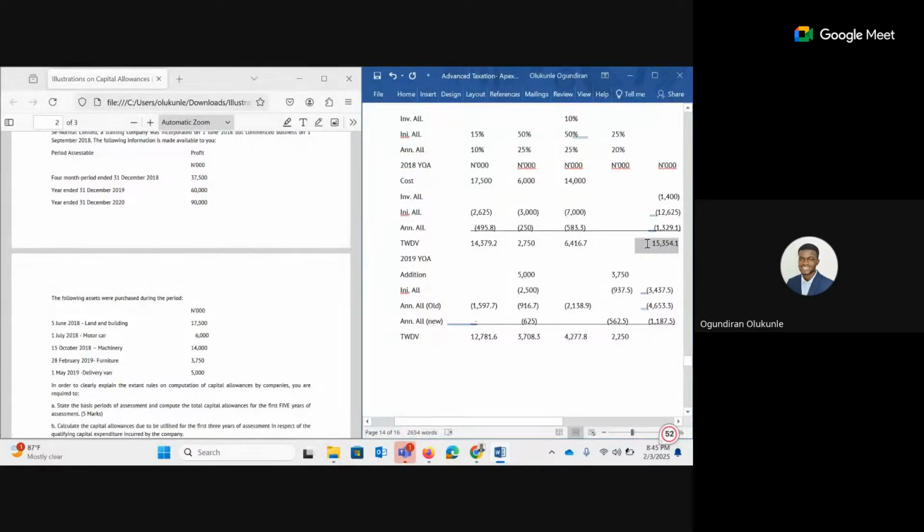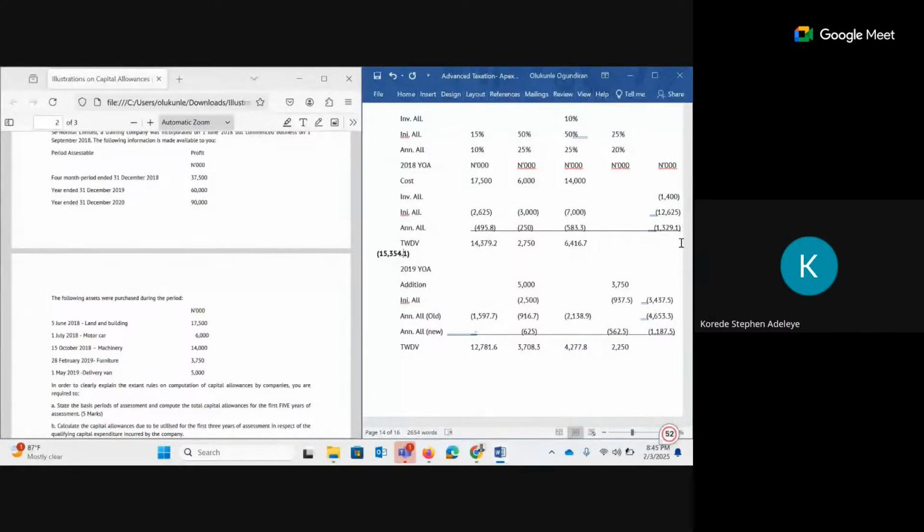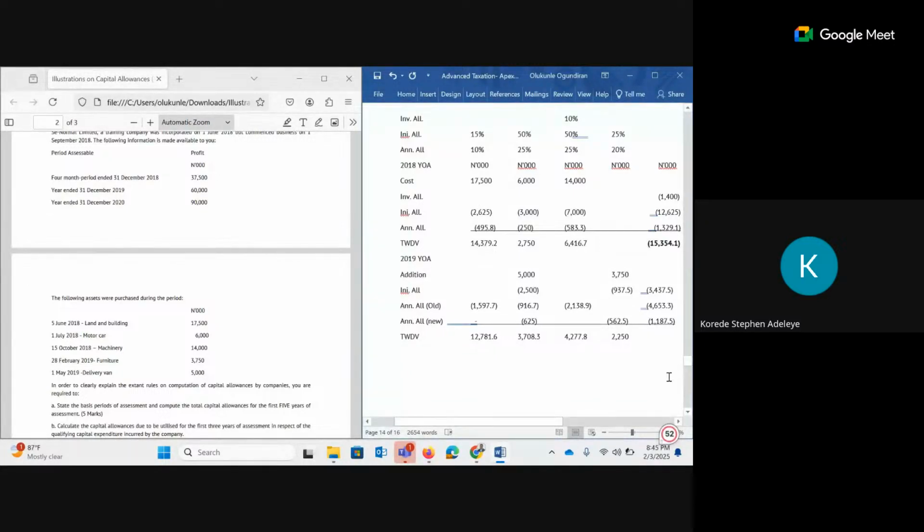This is double closed, right? So it's just for the year. 9278.3. All right, so let's do 2020 YOA.